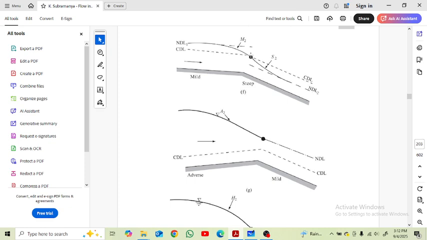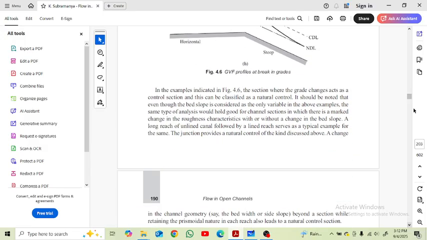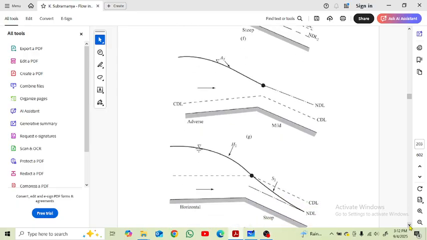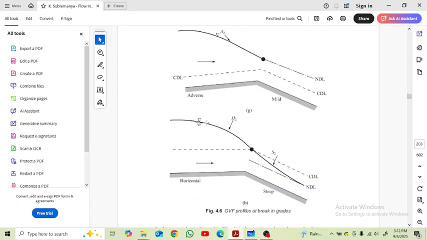So here are the mild to steep profiles. In horizontal to steep, you are going to get the S2. In horizontal, there is only one profile, the drawdown profile, that is S2. So you can relate that to the theoretical flow profiles also to get an accurate drawing of the profiles.